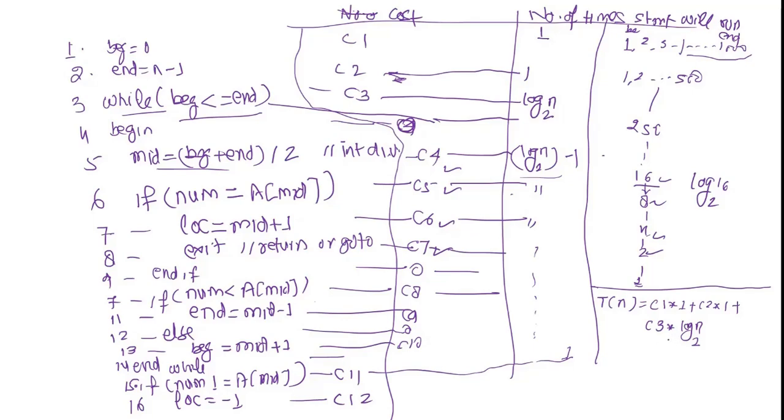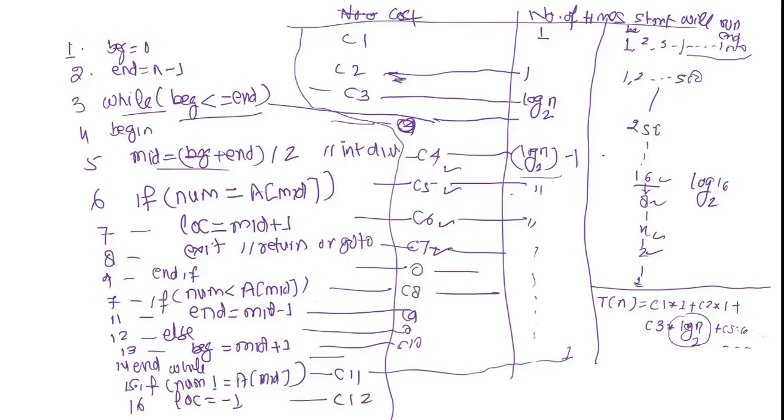So here we can see that the maximum degree polynomial of n is log n, because here C5 into log n, C6 into log n minus C5, this type of expression will be there.